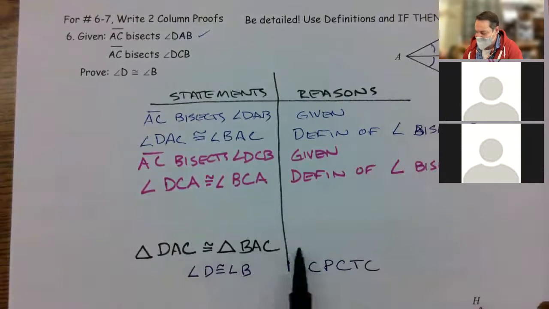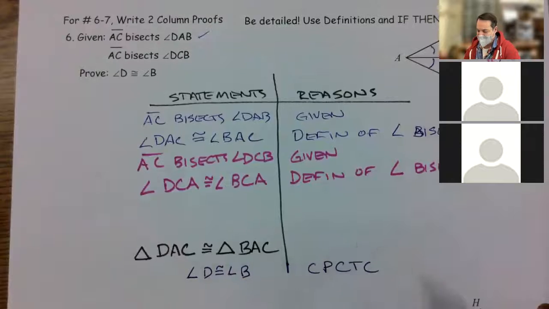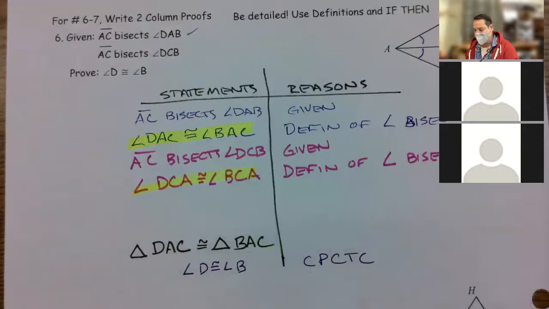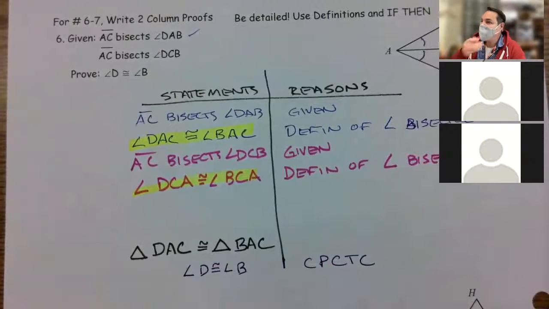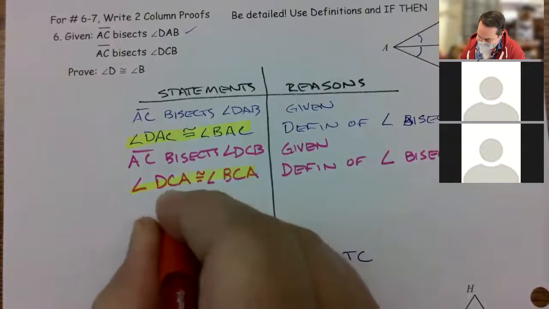Now, in order to prove these two triangles are congruent, I've got to use one of my rules, SSS, ASA, SAS, one of those things. But do I have three facts here to do that with? So far, I've got 1, 2. What's my third thing I need? Yes, sir, Colin. AC equals AC.